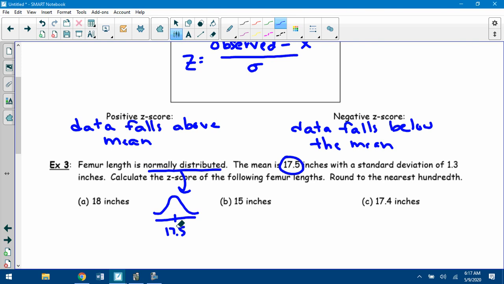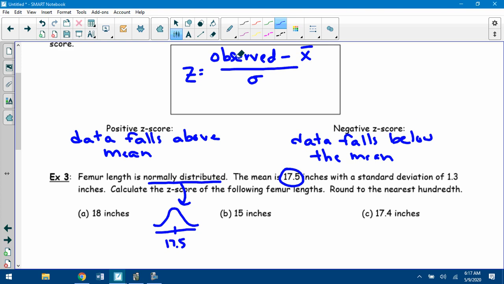So if I wanted to find all of these z-scores, I'm using this formula. A z-score of 18 inches, the observed data is 18 inches, minus the mean of 17.5, divided by the standard deviation, which they tell us is 1.3. Remember, that's standard deviation.